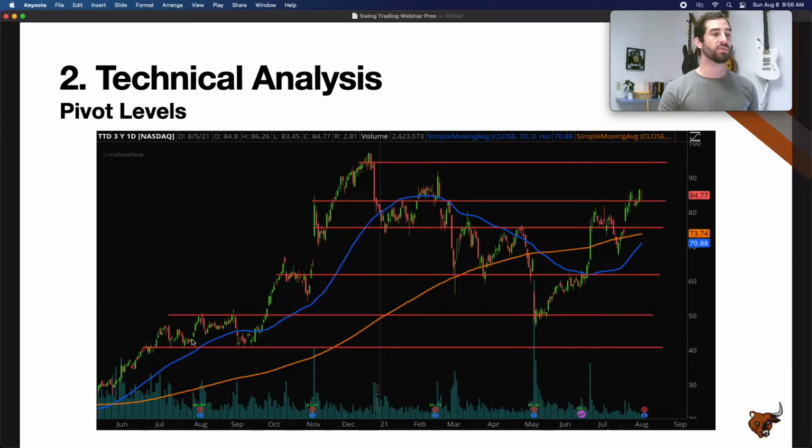And then also, it got rejected twice at this level here, so I want to take note of that as well. Trades up, and look at this, it had some turbulence. So it really was going up, it was running, and then boom, it sort of went sideways, okay? So I'm taking note of this as well.